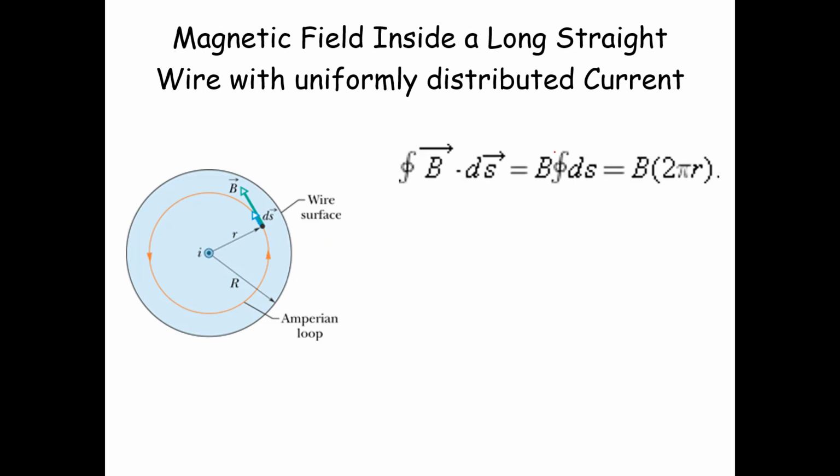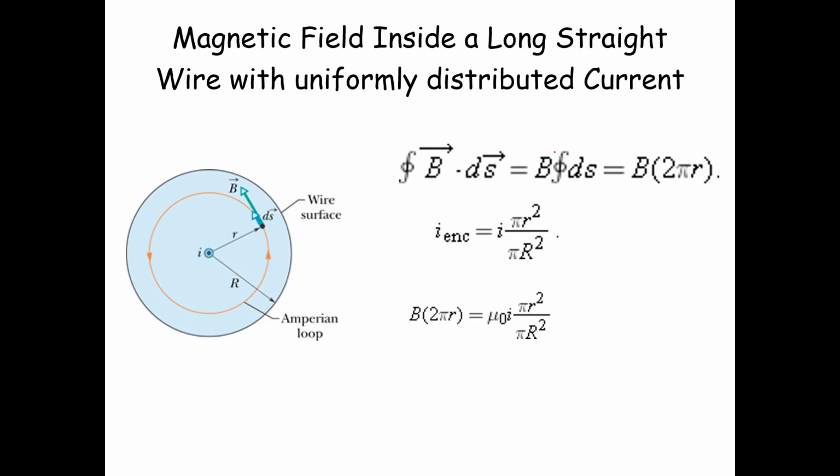What is the magnetic field inside a long straight wire with uniform distributed current? If we have a material like this one, this is the current I here, this is the wire surface, and this is the Amperian loop.